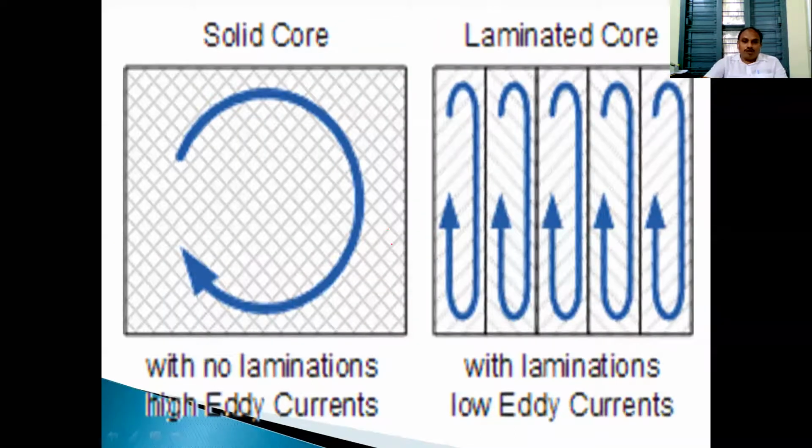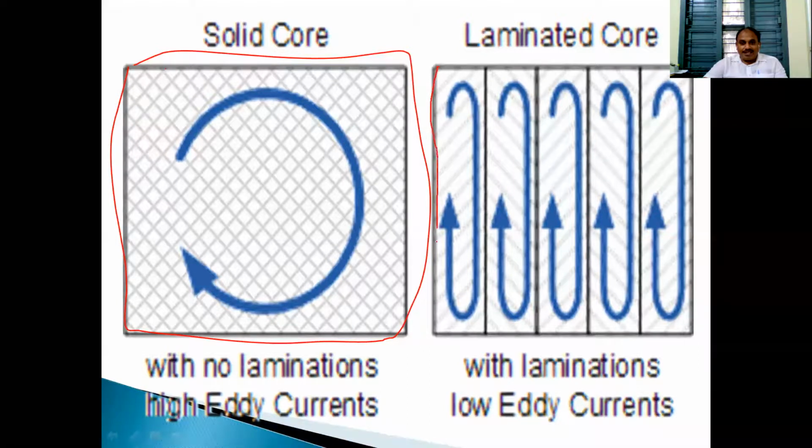So laminations: without laminations, this is a solid core. A solid core offers more eddy currents. So we provide that the core is laminated, meaning it is made with slices. This is one slice, this is one slice.